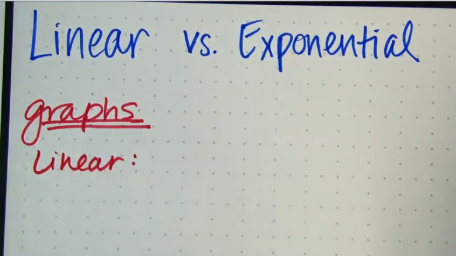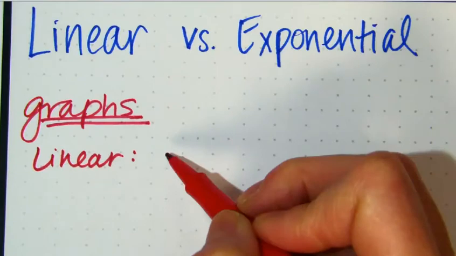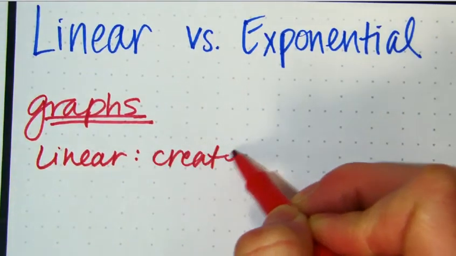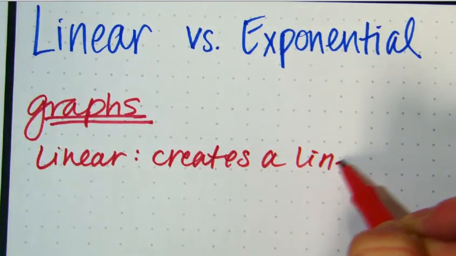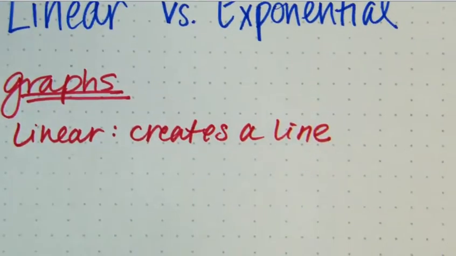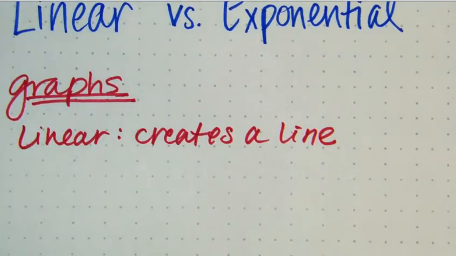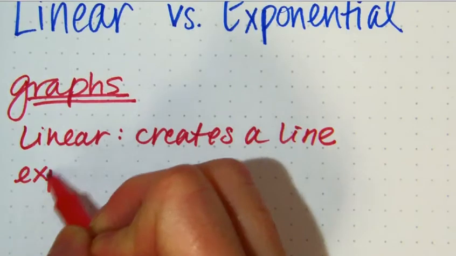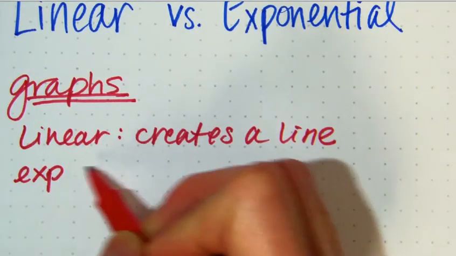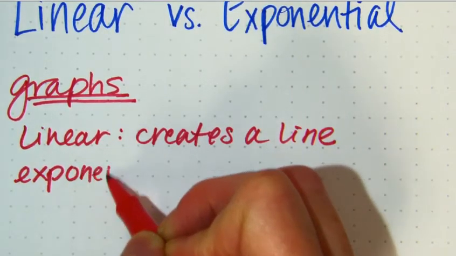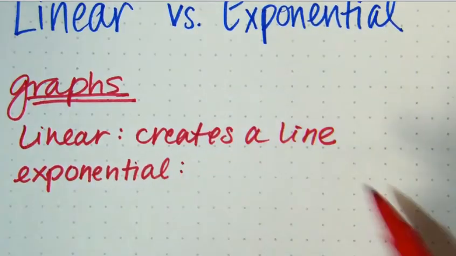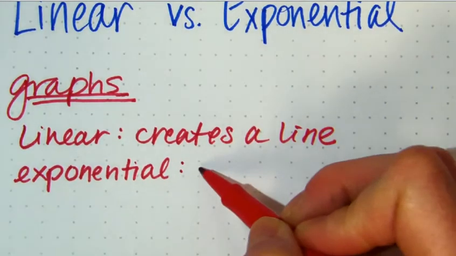So for linear, we have a line that's created, right? So it creates a line for linear, hence the name linear, right? Unfortunately, exponential doesn't match the word, but we've been working with exponential equations and they create curves.